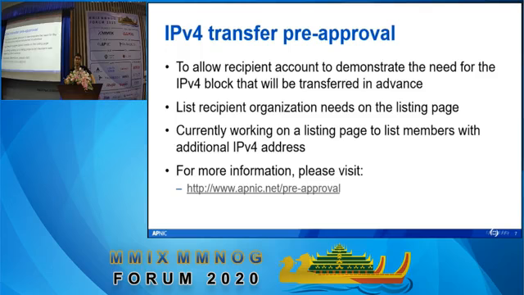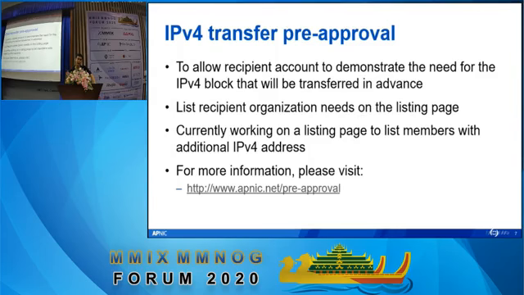So you are getting pre-approved first before you actually transfer any resources into your account. And once your request is approved, you can ask APNIC to list your organization's needs on the listing page.